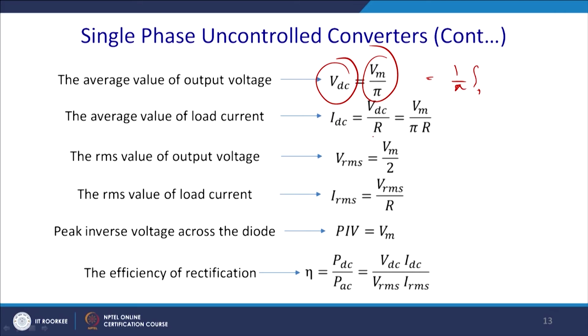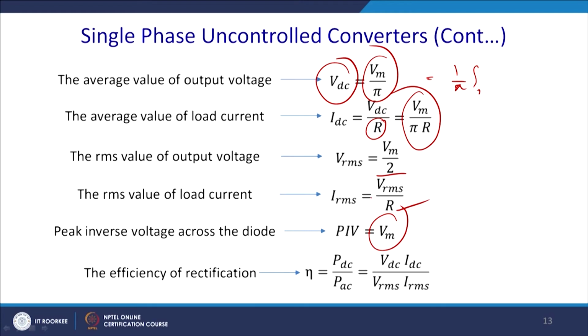Average output load current, you just divide it by R, you will get Vm by pi R. RMS value, you will get Vm by 2. RMS of the load current, definitely Vrms by R.